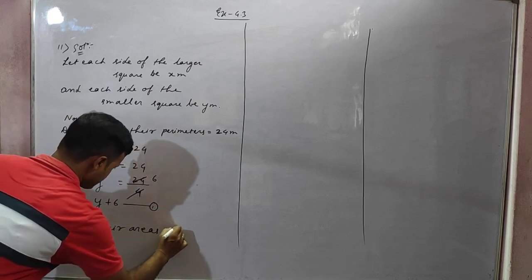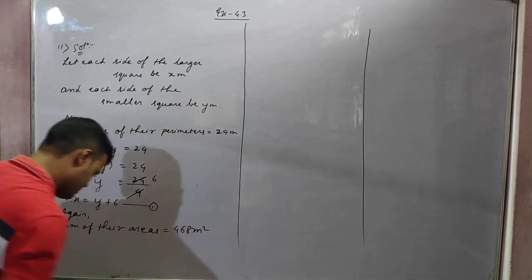Again, the sum of their areas is given how much? 468 meter square, isn't it?